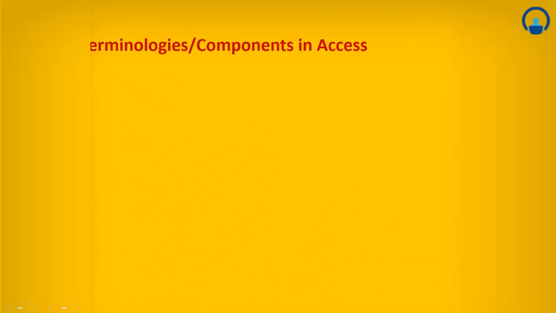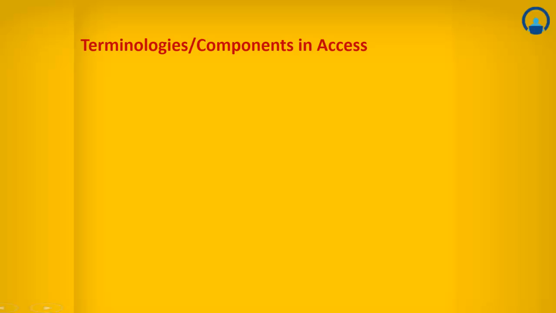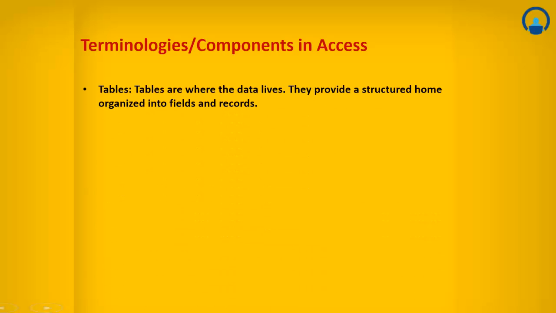Moving ahead, let's look at the terminologies or the main components in Access. To briefly tell you, Access is made up of four main components. One are the tables, second are queries, third is forms, and fourth is reports. The very first thing that we're going to learn is tables. We're going to see all of these components practically in detail through the course.